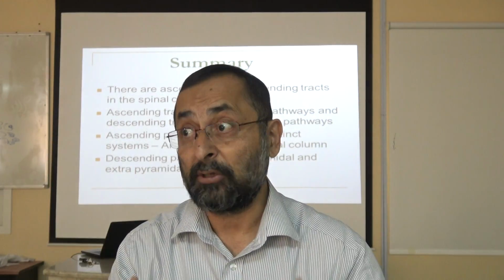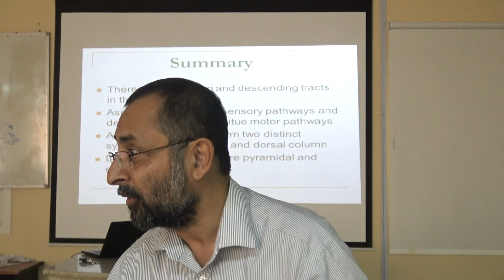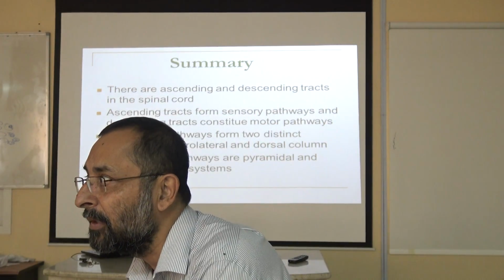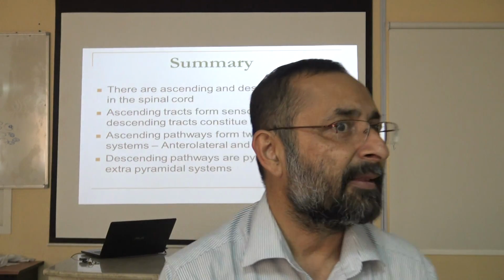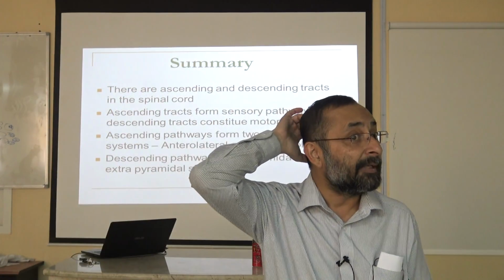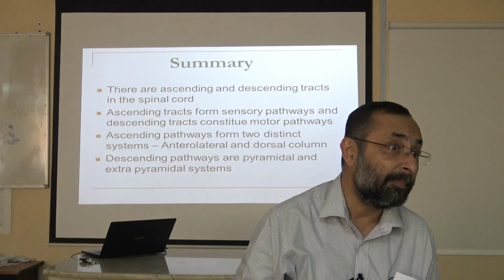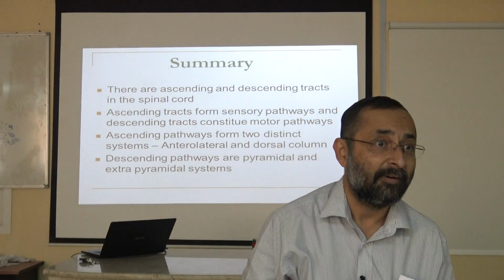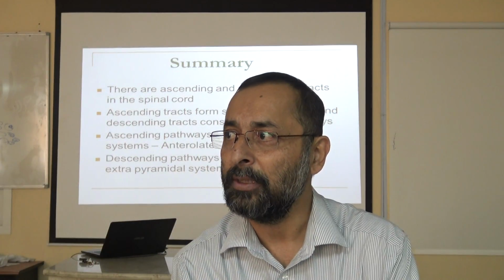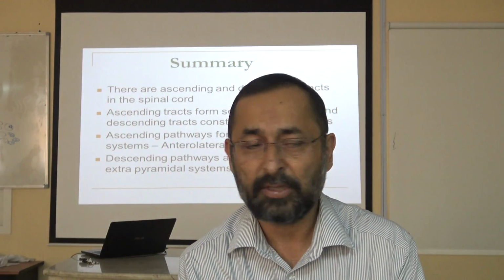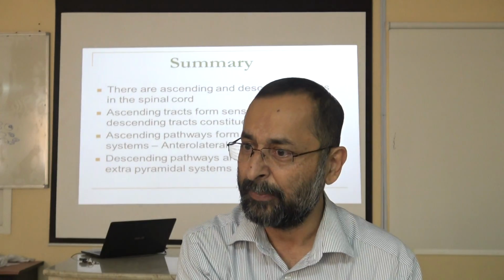Control of the posture is also mainly coming from the extrapyramidal tract. So the first word is tone, the second word is posture, position, and the third is equilibrium, or balance. So three key words: number one is tone, number two is posture, and third is equilibrium.